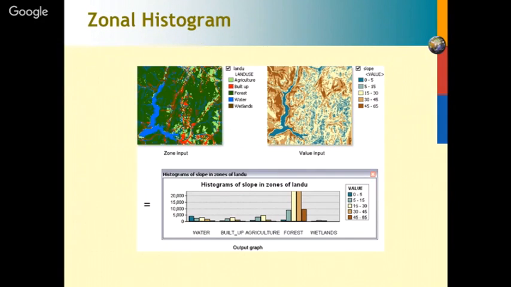For example, we need to have a zonal input. Based on that, we can have the different classes and their corresponding statistical distribution, which can help find out land conversion rates, and there are different other applications of zonal analysis. So zonal histogram is one of them.